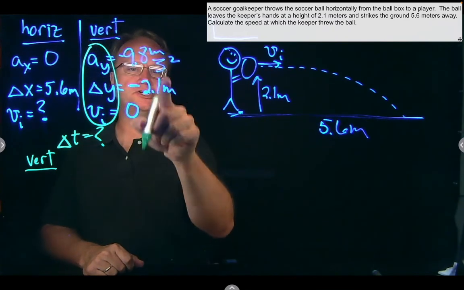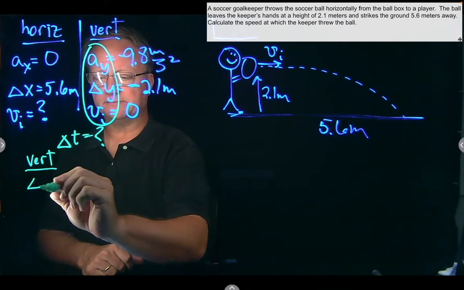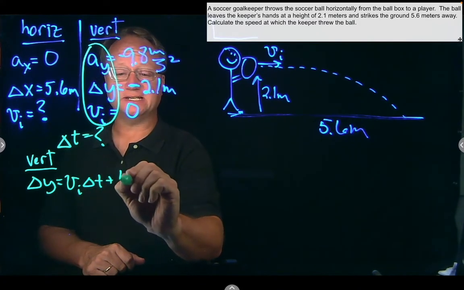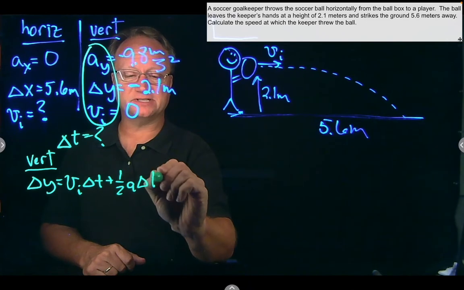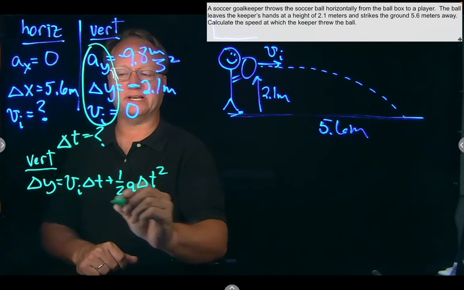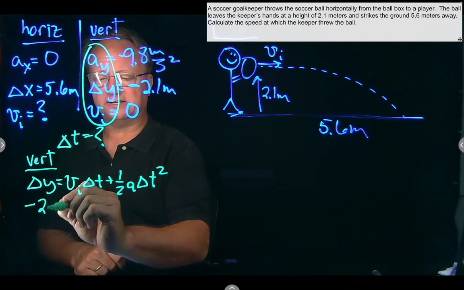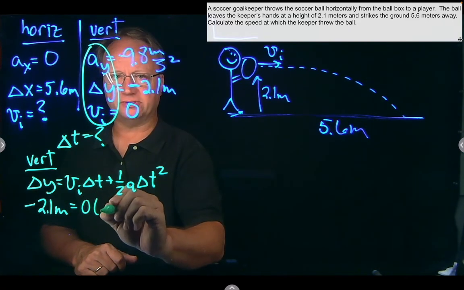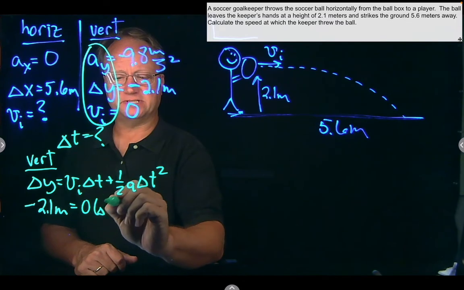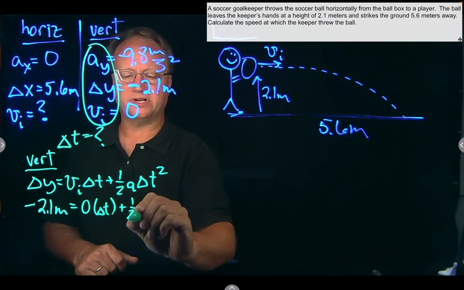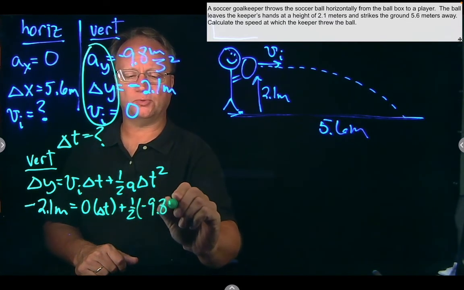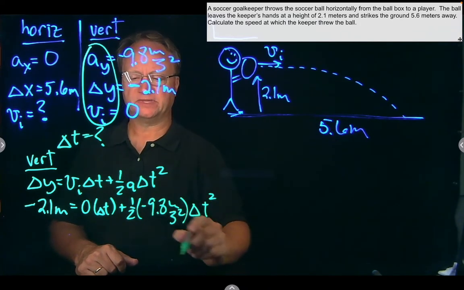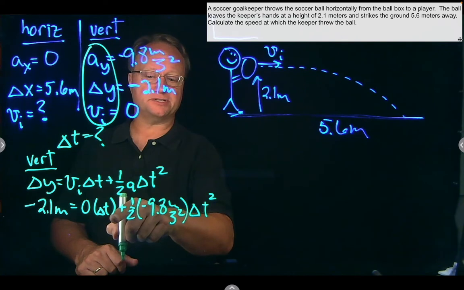The motion equation we know enough to use would be delta y is equal to vi delta t plus 1/2 a delta t squared. So plugging in our values, negative 2.1 meters equals vi, which is 0, so 0 times delta t, plus 1/2 times negative 9.8 times delta t squared. 0 times delta t is going to be 0.